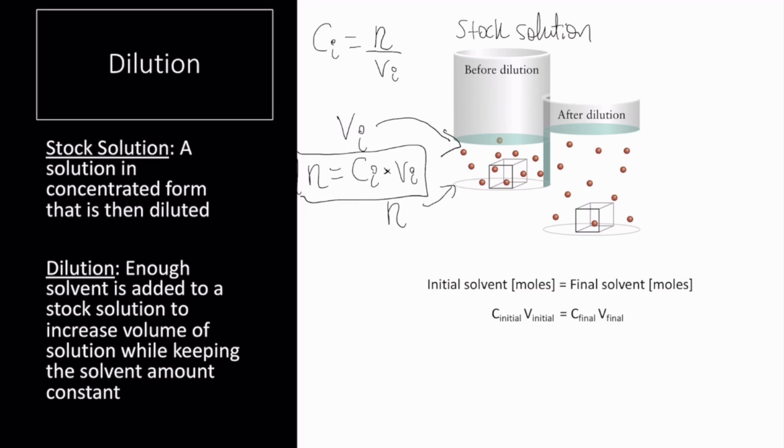If we then increase the amount of solvent, so we add water, this will increase the amount of solution, so the volume will increase. And at the same time, if n is constant, because we're not increasing the amount of solute, then the concentration will have to decrease.